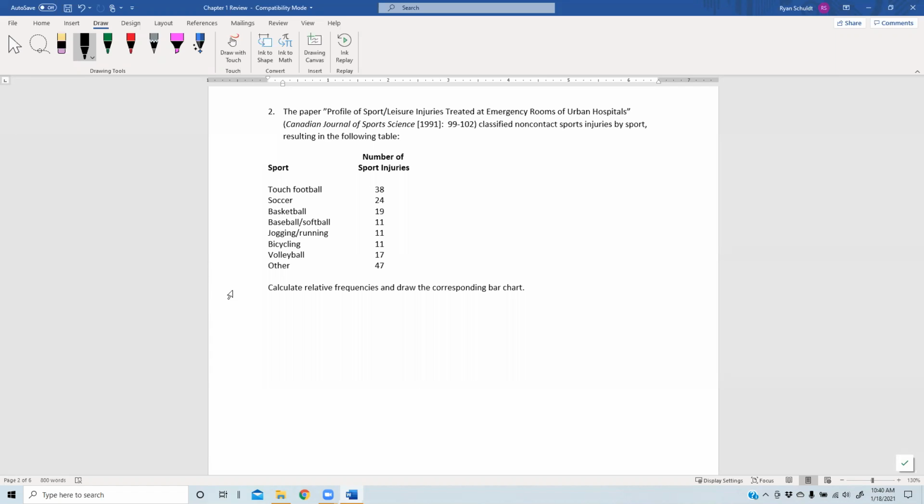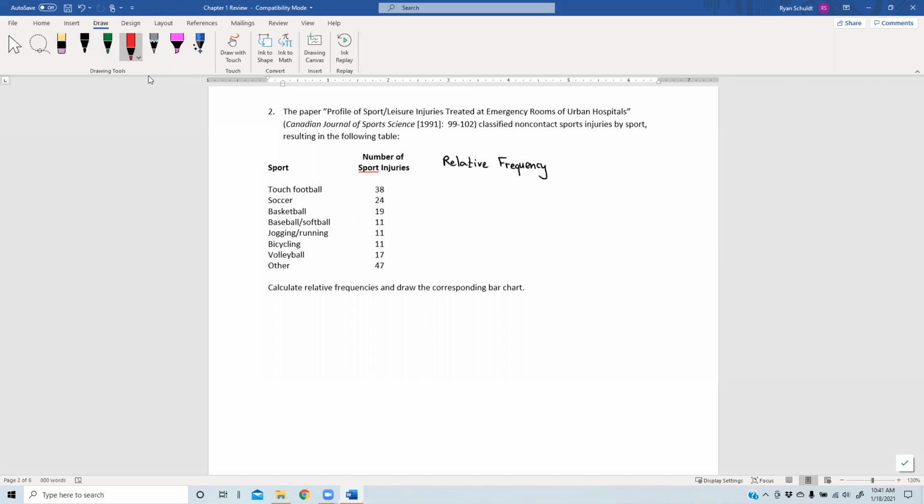Calculate the relative frequencies and then draw the corresponding bar chart. So remember, relative frequency: we have to add up the totals, and that category's count divided by the total gives you the relative frequency.